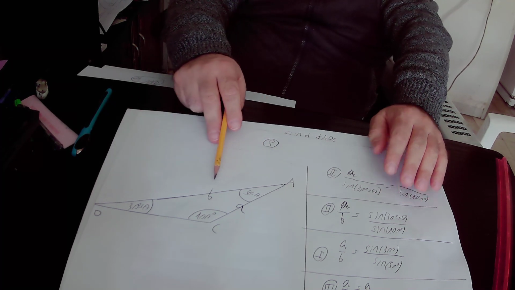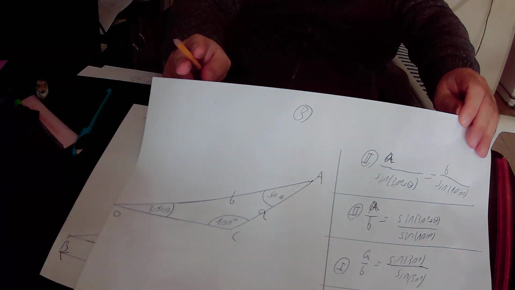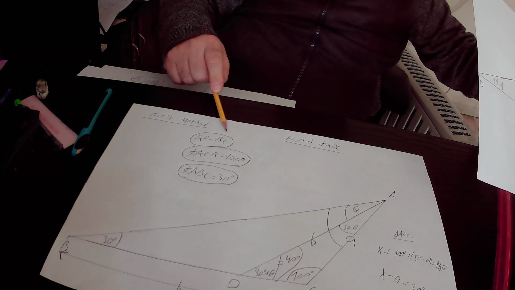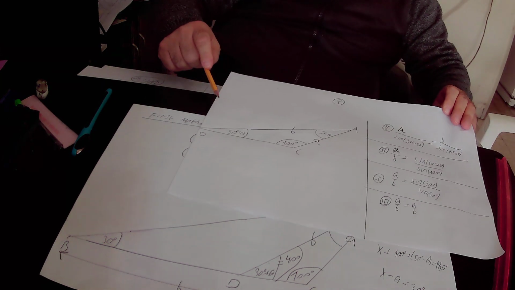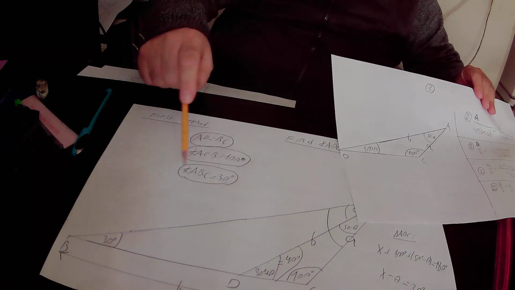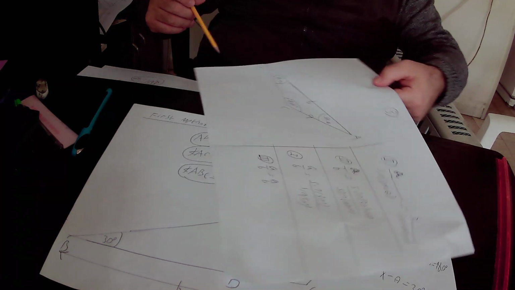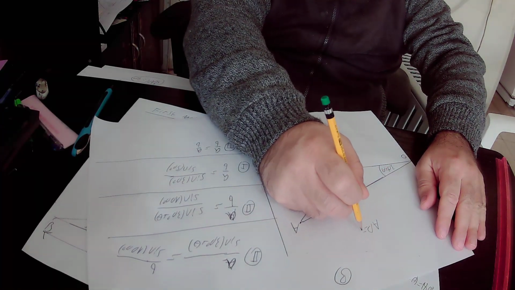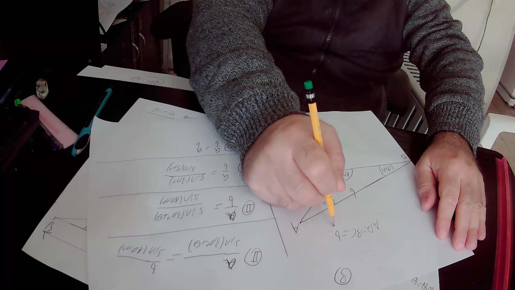AD equals B, because AD equals BC, according to what is given in the question, and BC equals B, according to our definitions.